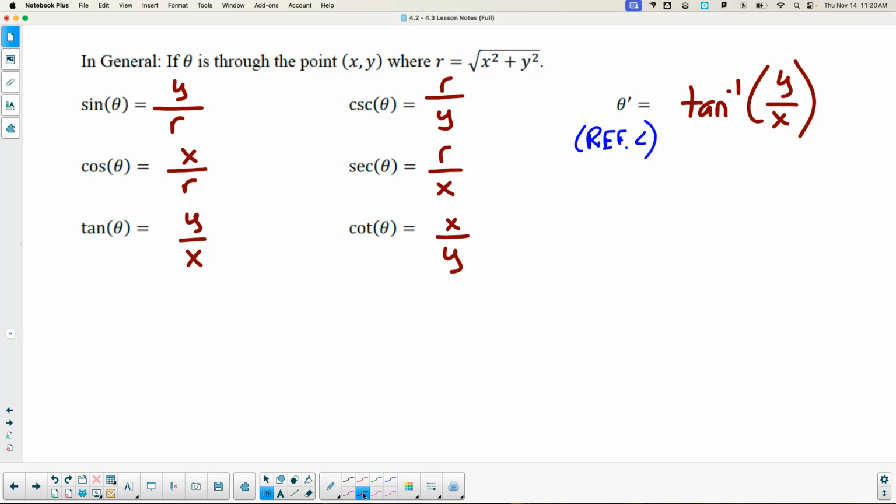But if you'll notice, in all of the examples we've been doing so far, we have always done the positives, off of the triangle.